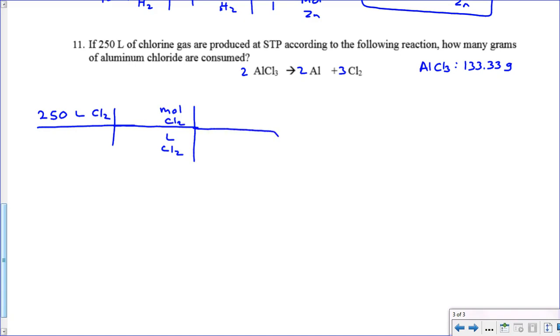And then we're going to go from moles of Cl2 to moles of AlCl3. And then we go from moles of AlCl3 to grams of AlCl3.